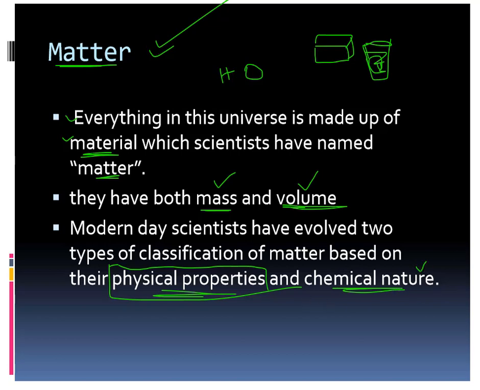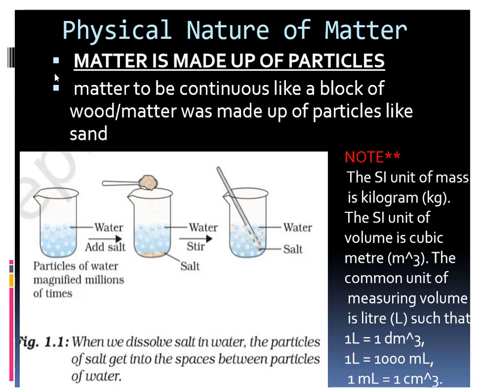Okay, so the next point is the physical nature of matter. Matter is made up of particles. This is the first physical nature of matter. Is matter continuous like a block of wood, or is it made up of particles like sand?